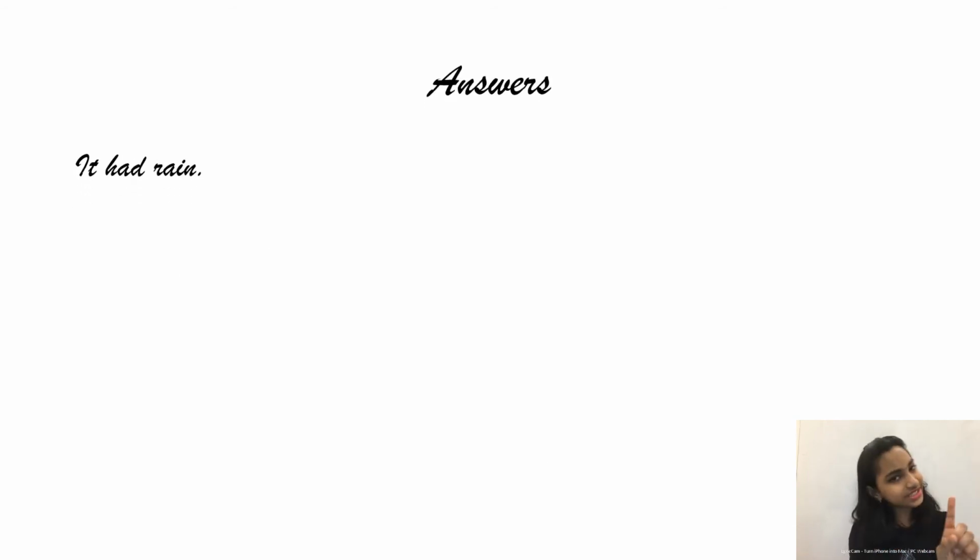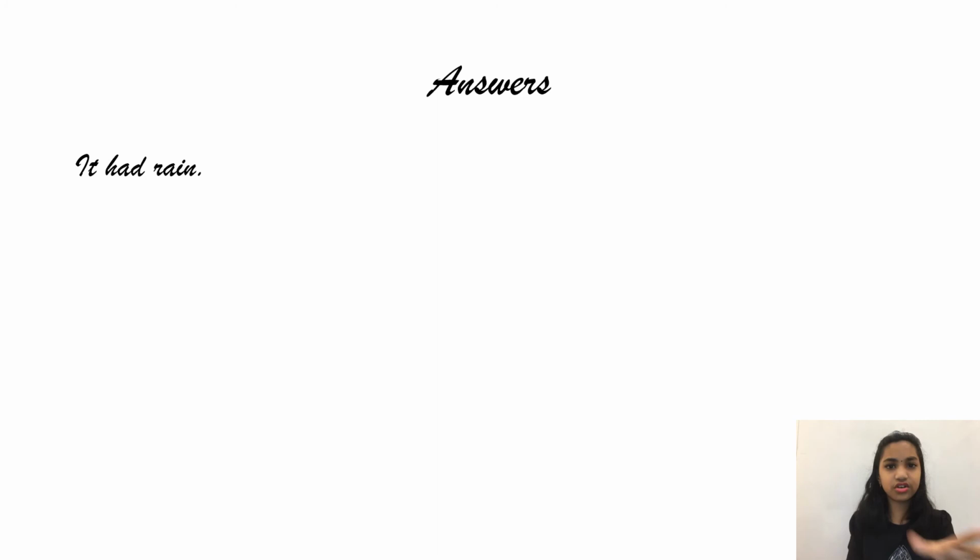Okay, for the first question, it had rain. Is there any mistake? Just take your time. Okay. Yes, there is a slight mistake. How, may I ask? I told you the form should be subject plus had. Yes, it's good so far. But I said past participle, which is also known as verb 3.